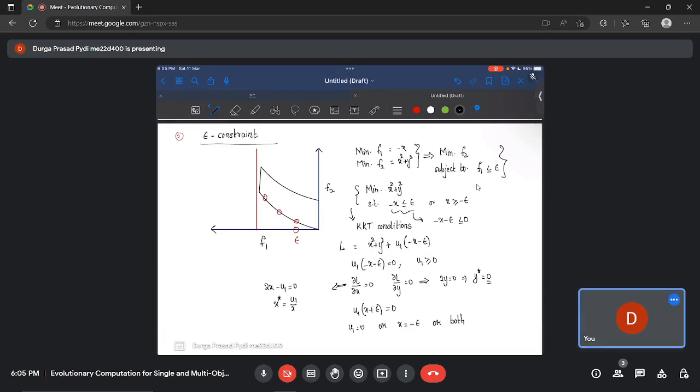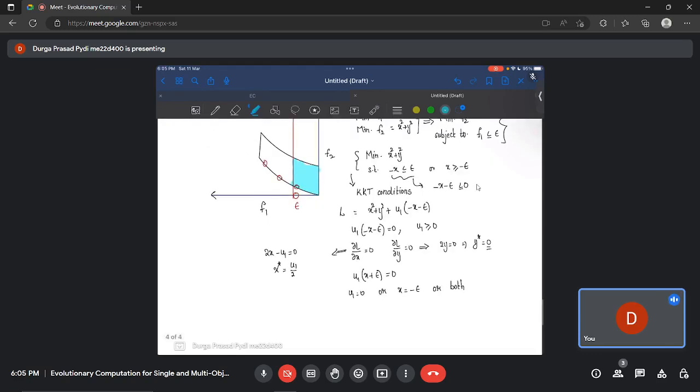Okay, there is some small confusion here. If you look at this particular line, what we are trying to do is essentially find this overlapping region. For our problem, we are saying f1 should be less than epsilon.